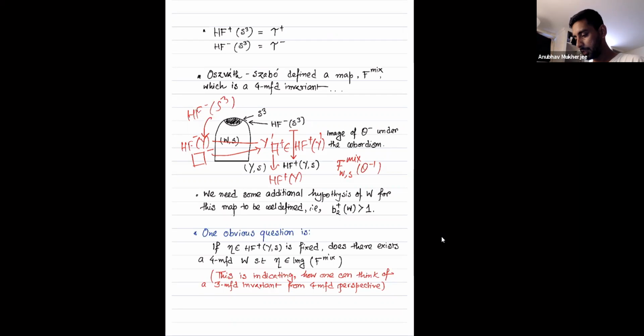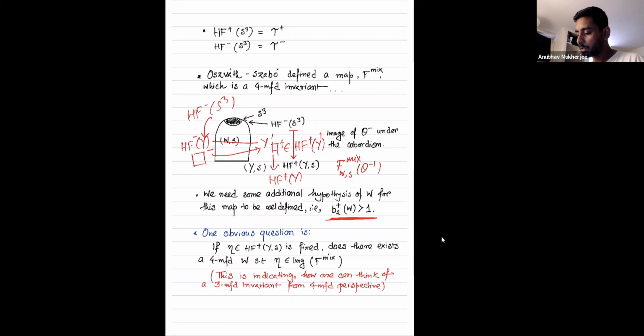And with this additional condition, it is proven by Ozsváth and Szabó that this map is well defined, that no matter what admissible cut you take, the image is always the same, depending on the spin-c structure you are considering in the first place.